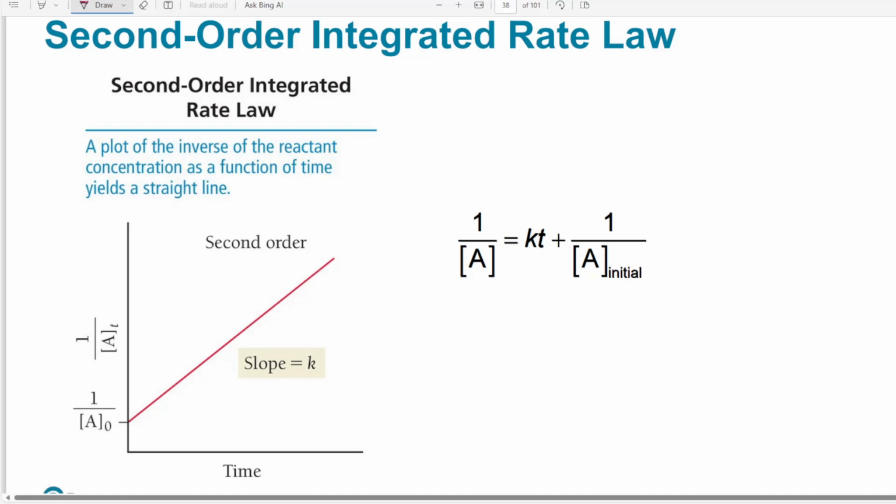If we plot an example of the second order rate law, we see that 1 over the concentration of A is equal to k times time plus 1 over A initial, where this fits the equation for a line such that 1 over the concentration of A would be our y, k would be our slope, and we're plotting 1 over A versus time, and 1 over the initial concentration would be our y-intercept. In this case, we get a straight line if our equation is second order.